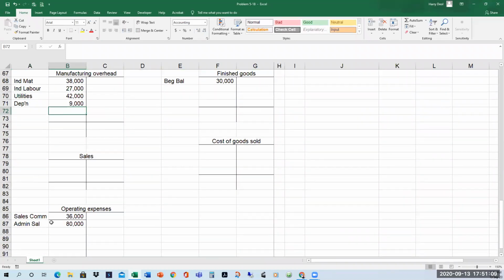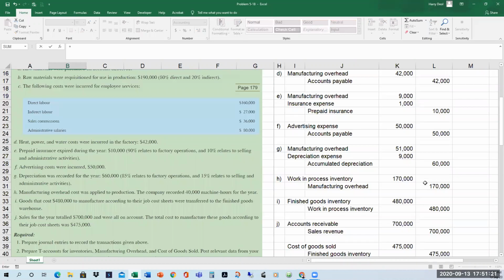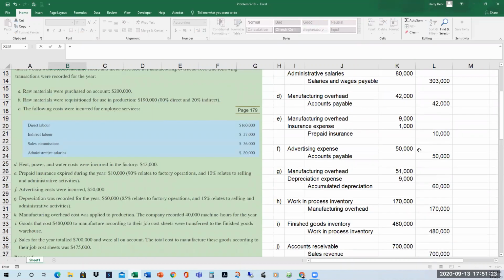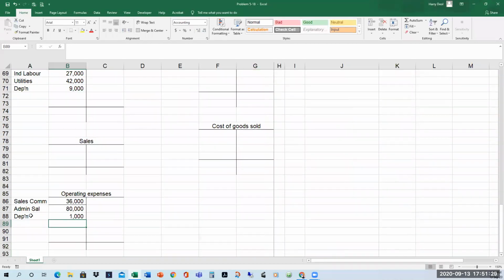And then operating expenses, $1,000. Hang on, my bad. That would have been insurance expense. So not depreciation, it's insurance.